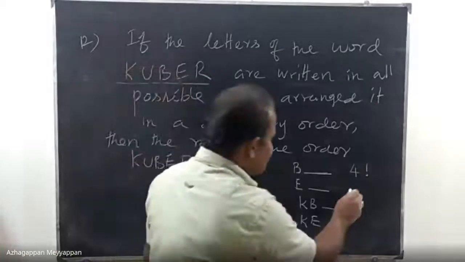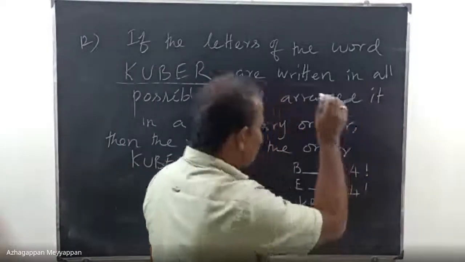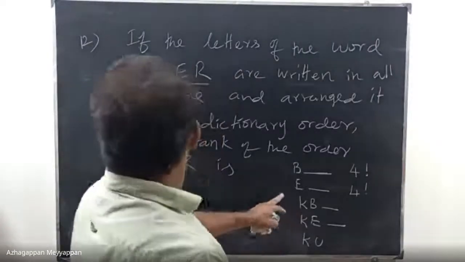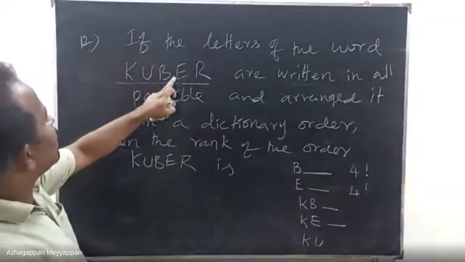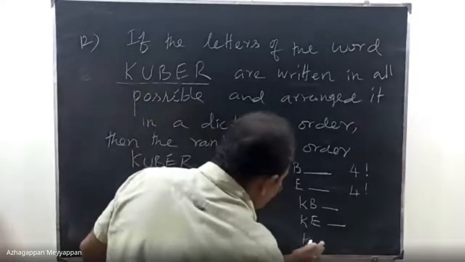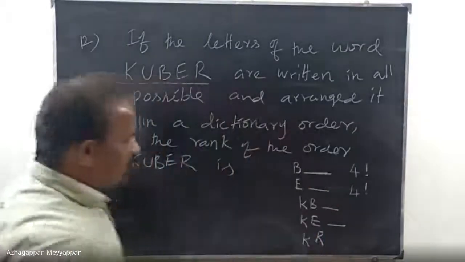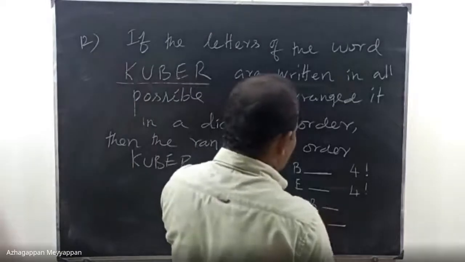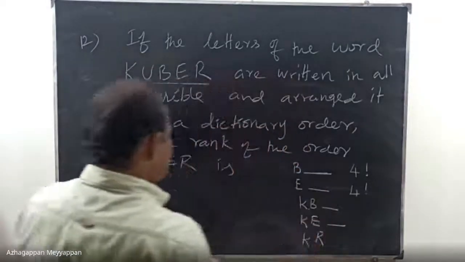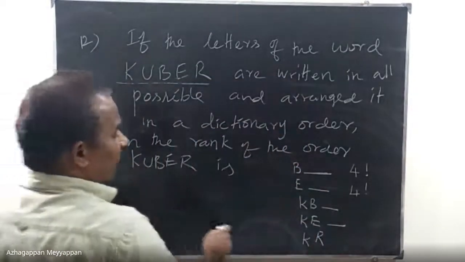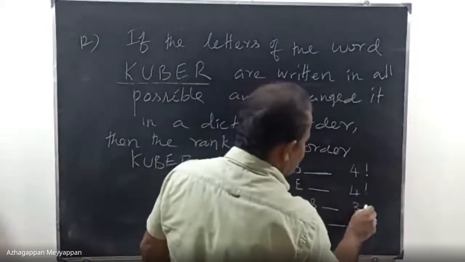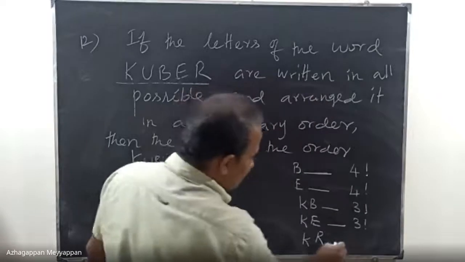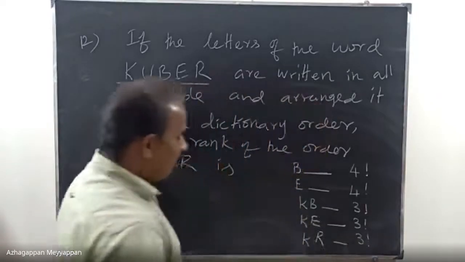Here is also the same, 4 factorial. Here KB is there, KE is there, KR is also there, then only KU. KB is fixed, remaining 3 factorial. The similar thing here is also 3 factorial, and here also 3 factorial.